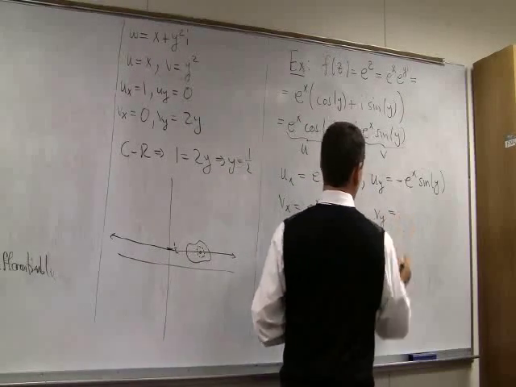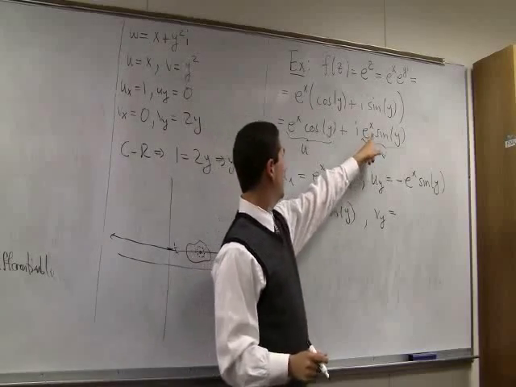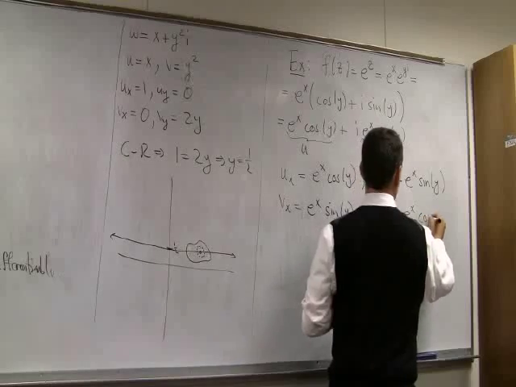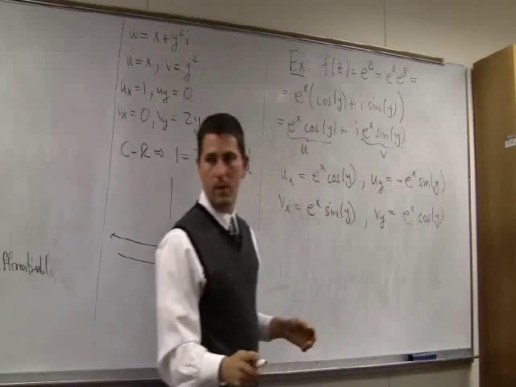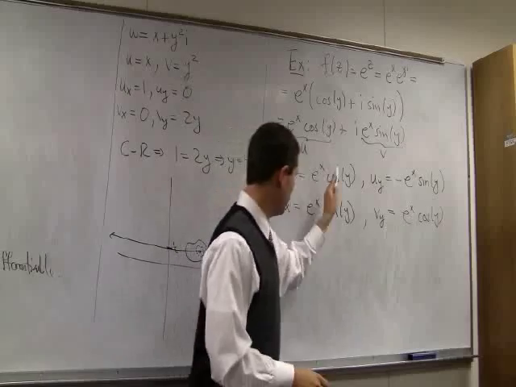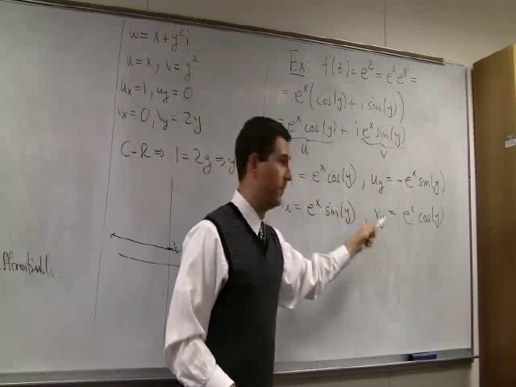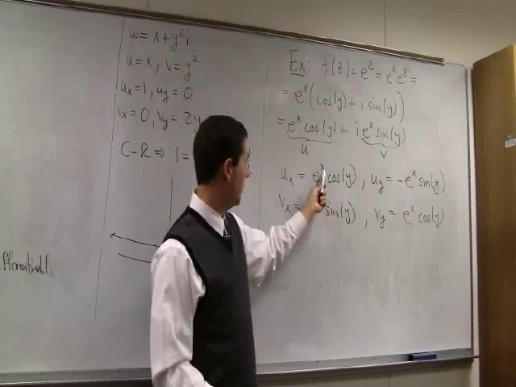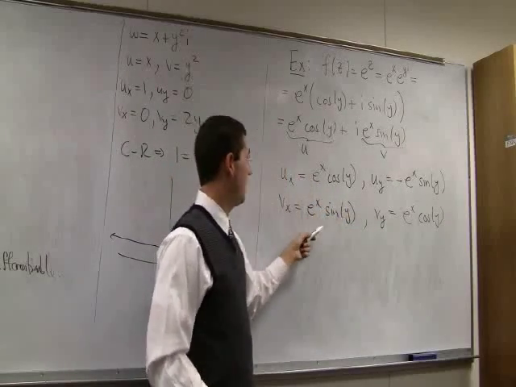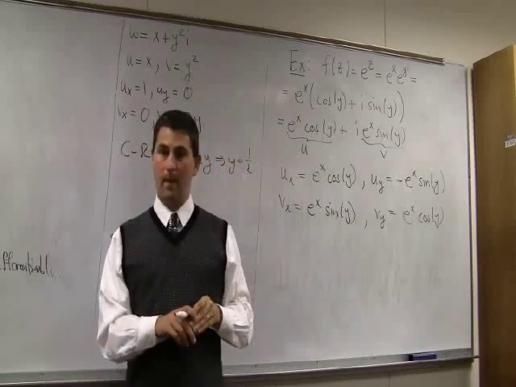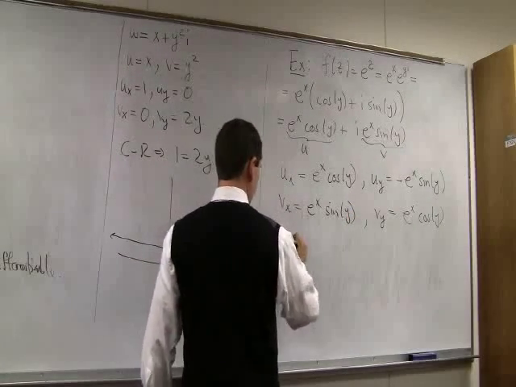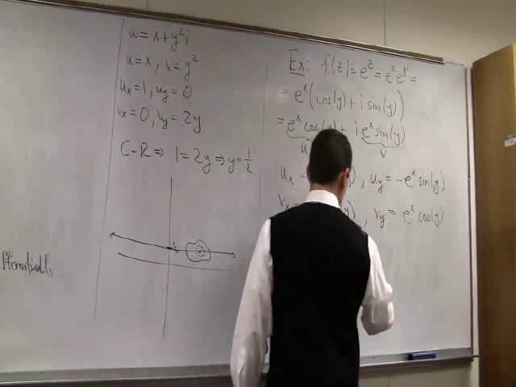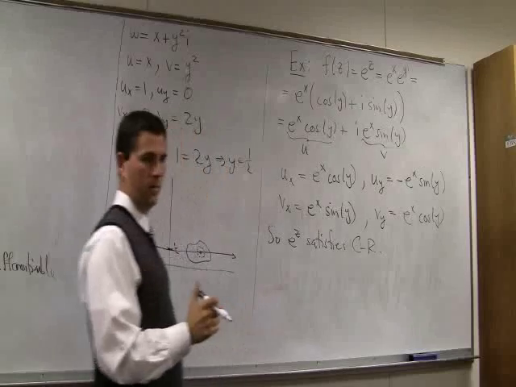And vy, take the derivative of sine, you get cosine, you get e to the x cosine of y. And the Cauchy Riemann equations say that if you go from left to right here, they should be the same, and if you go from right to left, they should be negatives of each other. So, look at that. Those are the same, and those are negatives of each other. So, e to the z satisfies Cauchy Riemann.